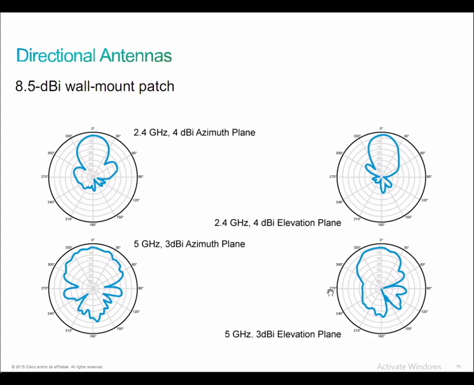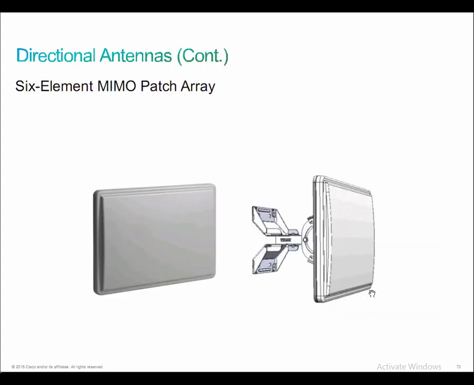Then we start to get into some of the newer technology, like a 6-element MIMO patch array antenna. MIMO stands for multiple input and multiple output. We'll talk about that technology a little bit later on in detail. We're going to talk about a lot of the enhancements to wireless over the years, and MIMO is one of those technologies.